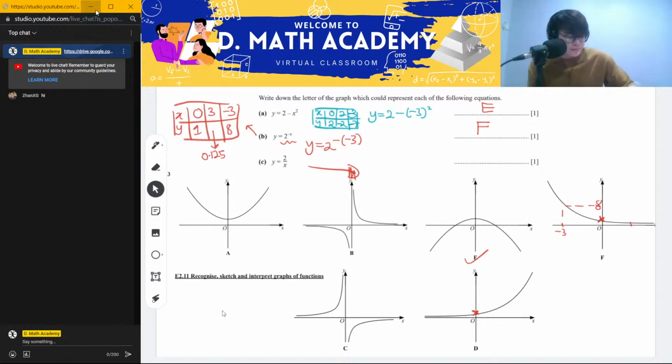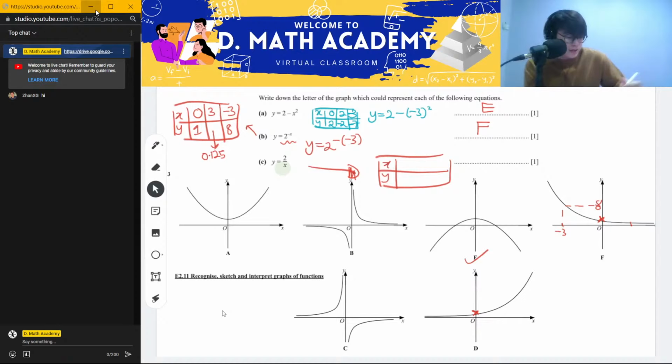So for the next one, when you substitute into the table again, this time around, please remember, you cannot put your x as 0. The reason is that x is currently assigned to the denominator. Please pay attention to these details here. Whenever x is at the denominator, you cannot put it as 0.